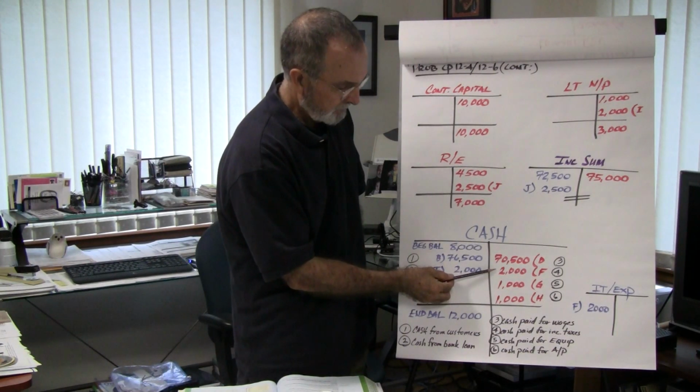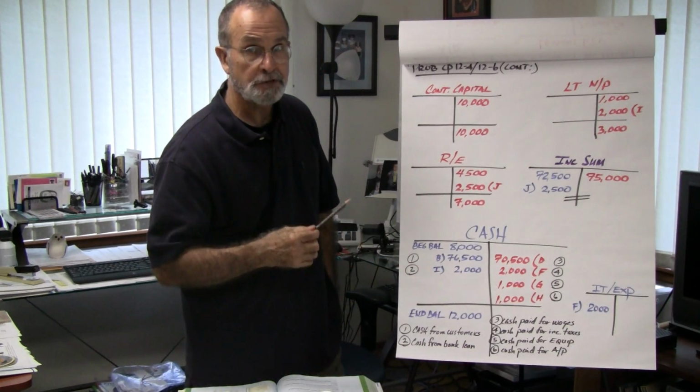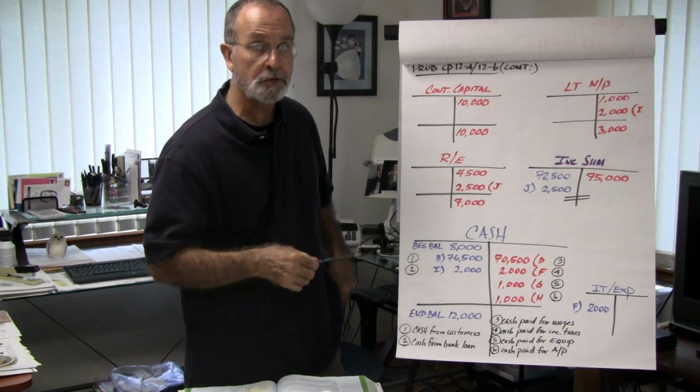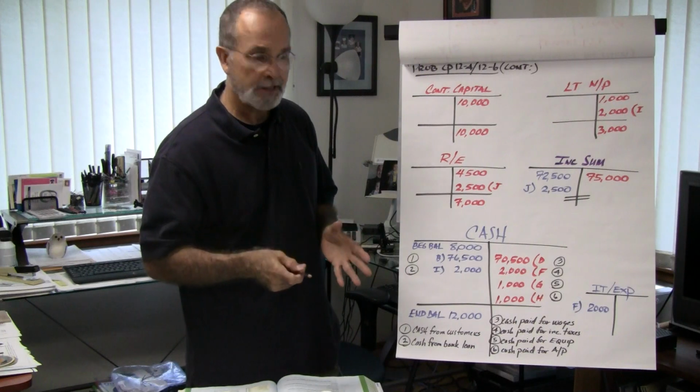And so this would be a third item that we have calculated that shows up on the statement of cash flows, and we would call that item cash paid for income taxes.